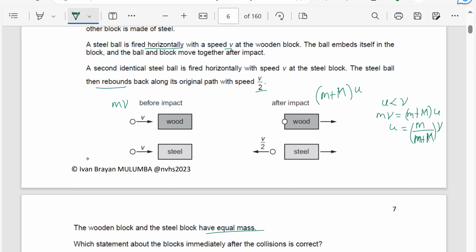Let me call this one u wood, to distinguish it from the steel. So this is u w for the wood. Let's check for the steel. For the steel, this side it is still going to be mv.